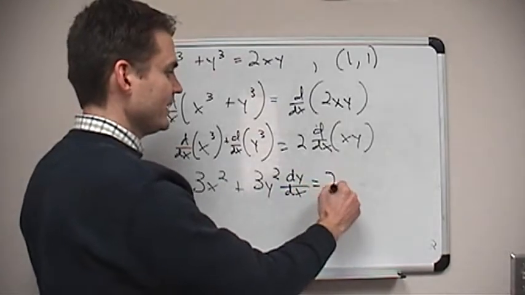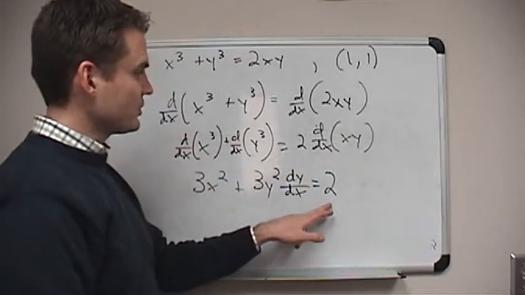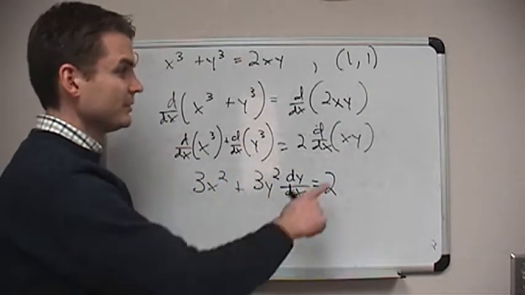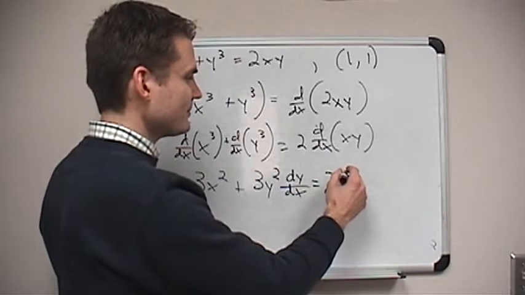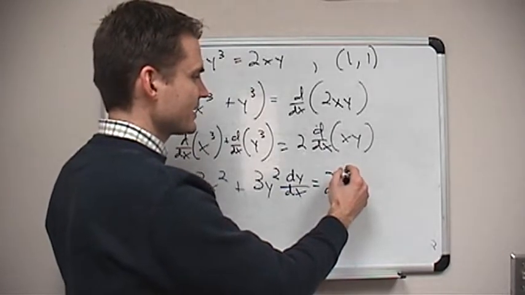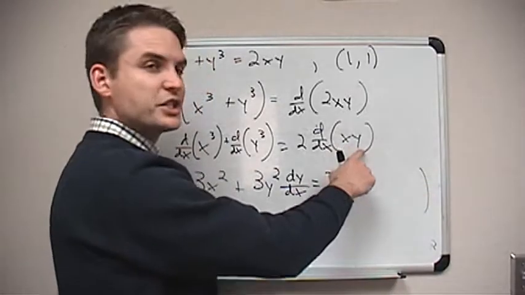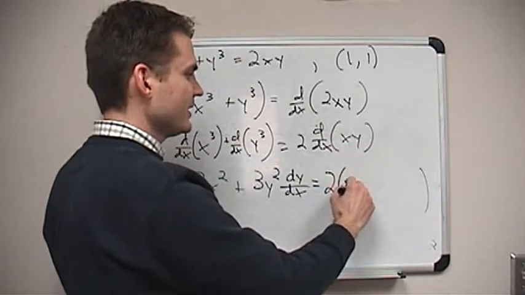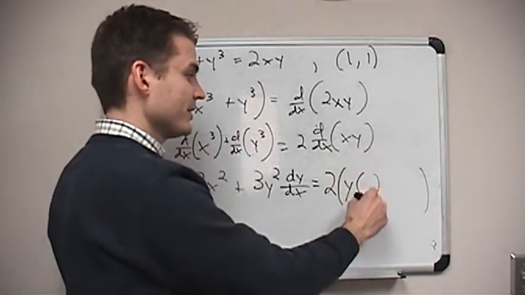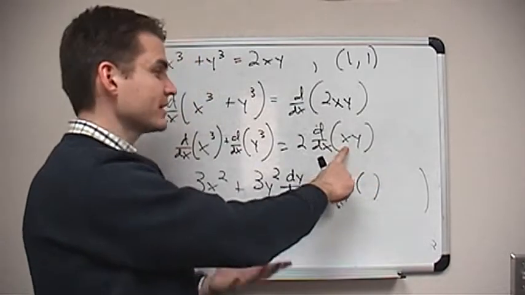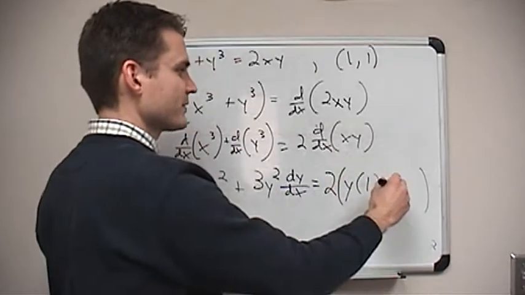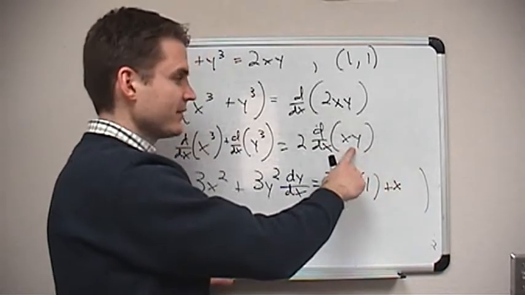Now over here, we've got 2 times the derivative of xy. Well, we've got to use the product rule there. And the book says, in the product rule, we've got a first function and a second function. We take the second function, y, times the derivative of the first, and the derivative of x with respect to x is 1, plus the first function times the derivative of the second.